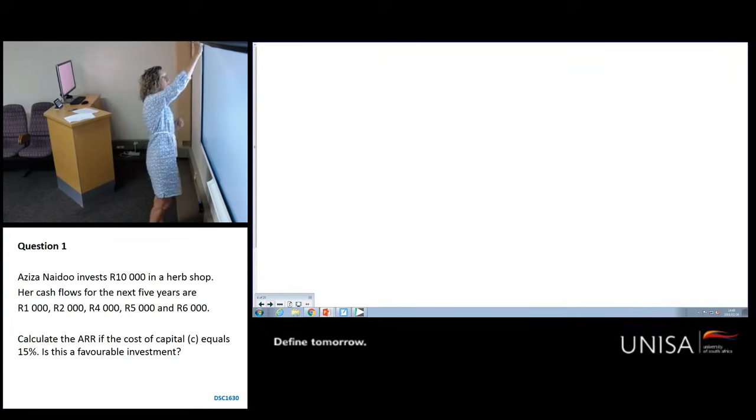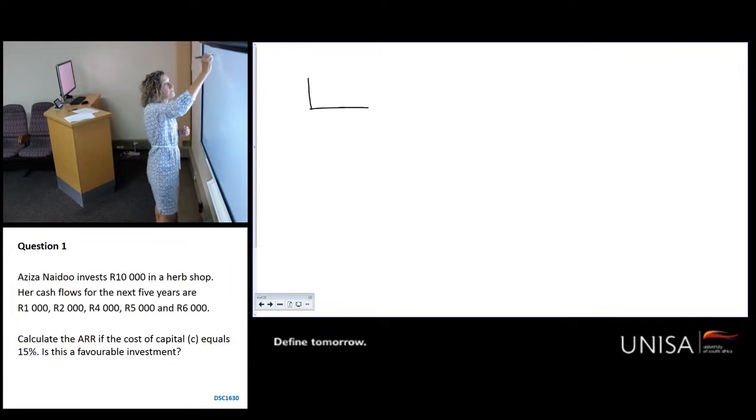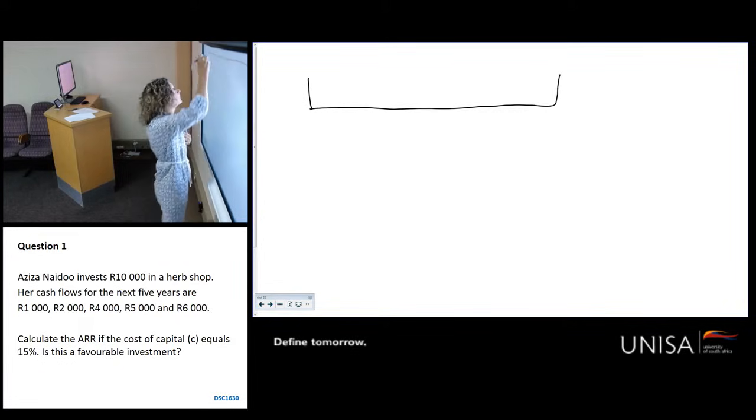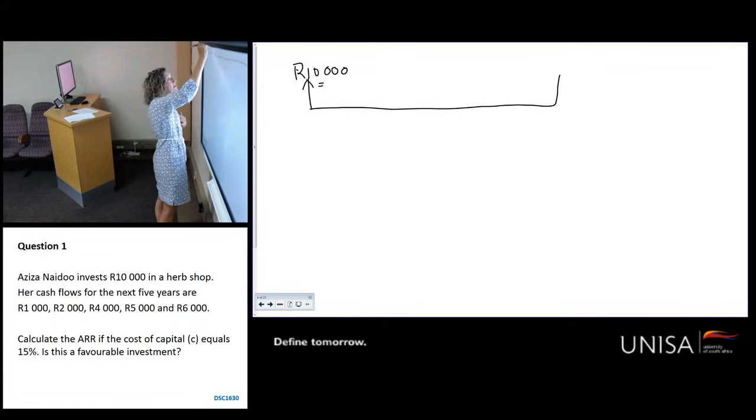Right, so we draw our timeline. 10,000 is what she paid for it, so it's the outflow of money, that's the negative.